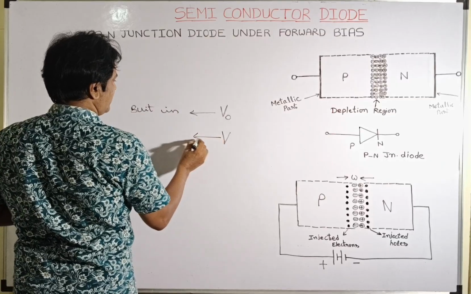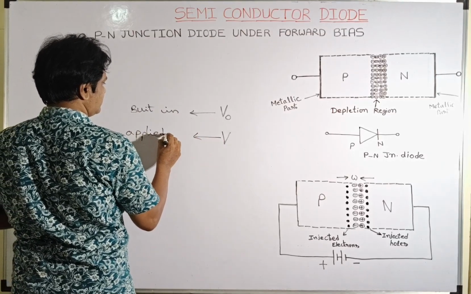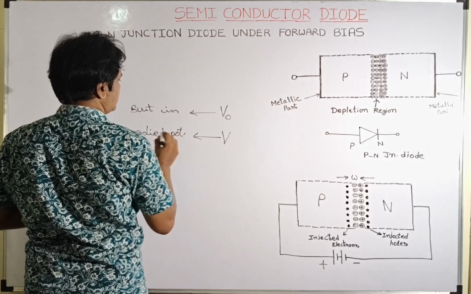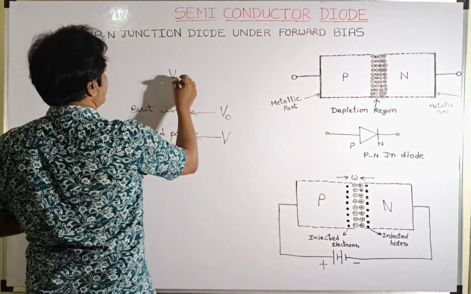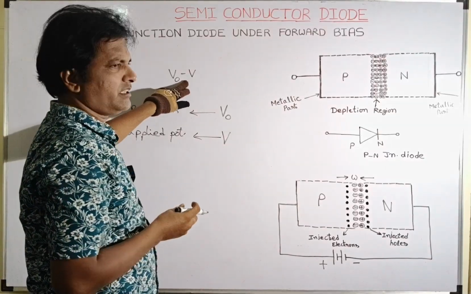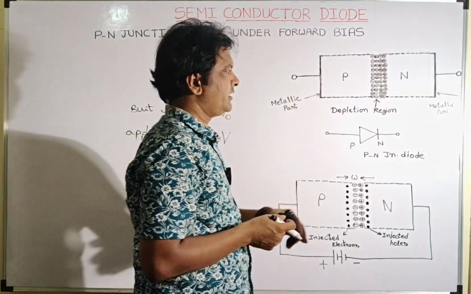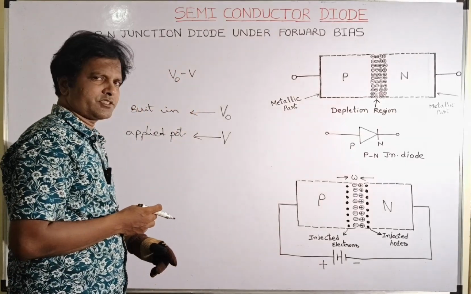This is applied potential. So here V naught minus V will be giving the potential developed across the PN junction after the external voltage is applied.